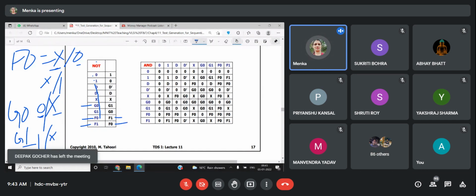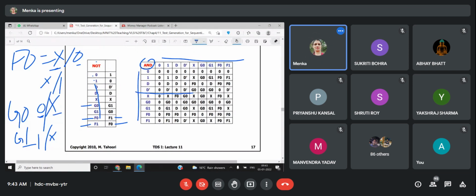Correct? Likewise, this is the AND operation. So here all the 9 values and all the 9 values towards this side. So till here we have already done. यहाँ तक हमारा पहले से ही हो चुका है, D तक. Now we are moving towards the next one.